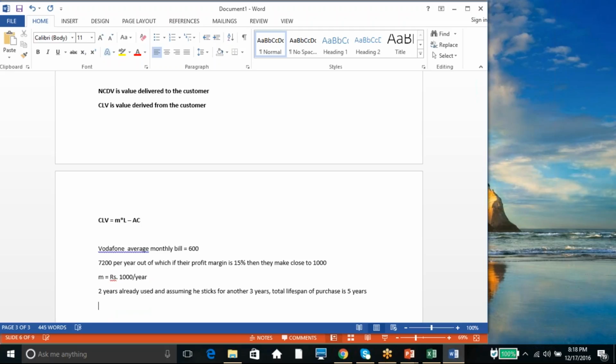Generally you get the average span of a person who sticks around. So L is equal to 5 years. So total revenue contribution is equal to M into L, 1,000 into 5.